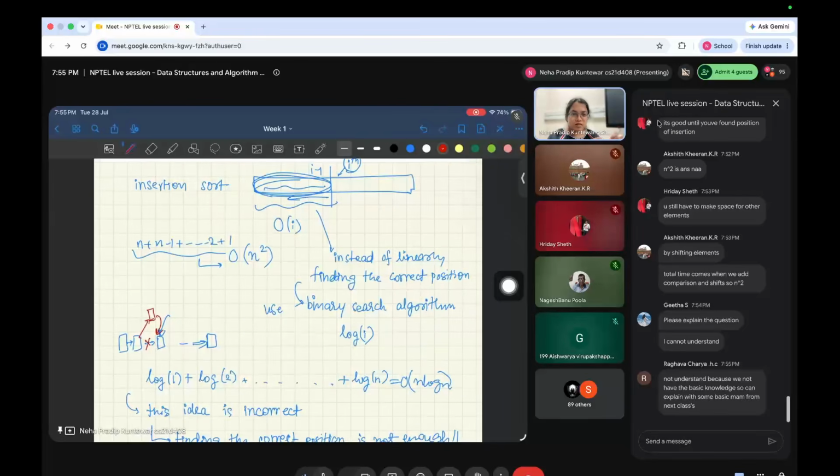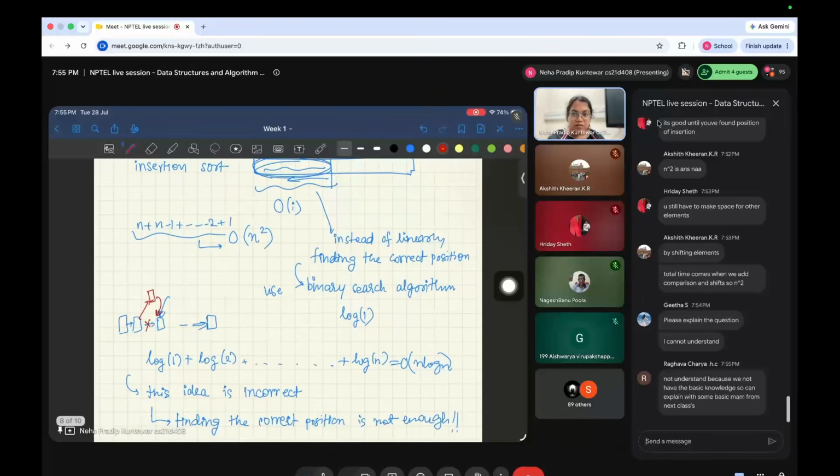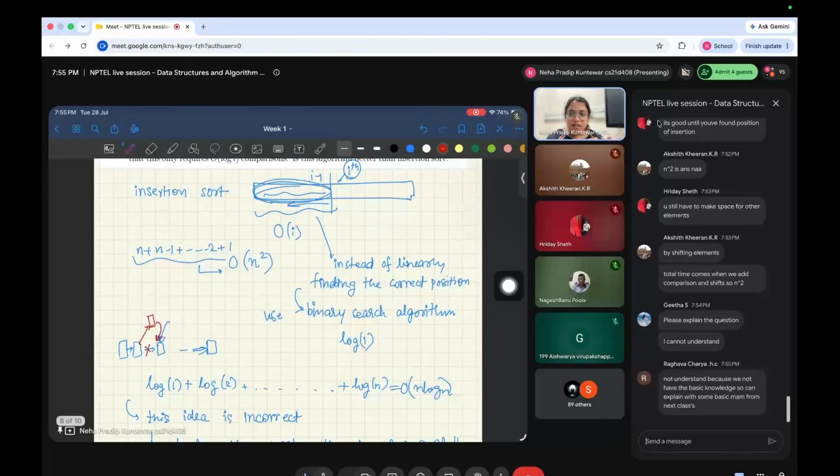Okay, so I'll just repeat the gist of this discussion. One thing is that this course assumes some exposure to data structures, some notations like order notation, and some of the definitions from the design and analysis of algorithms course.